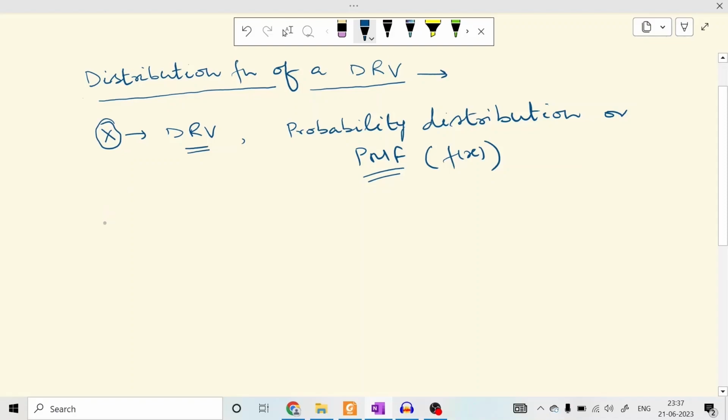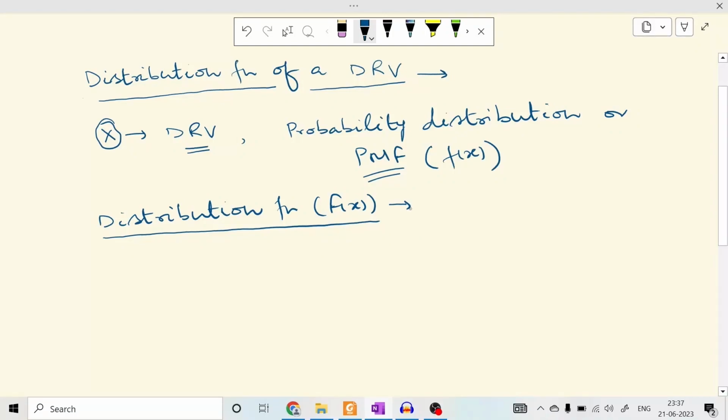Now the distribution function, which is generally represented by capital F(x) or big F(x), provides you the total probability available up to a certain value of x, that is, up to some given value of this random variable.